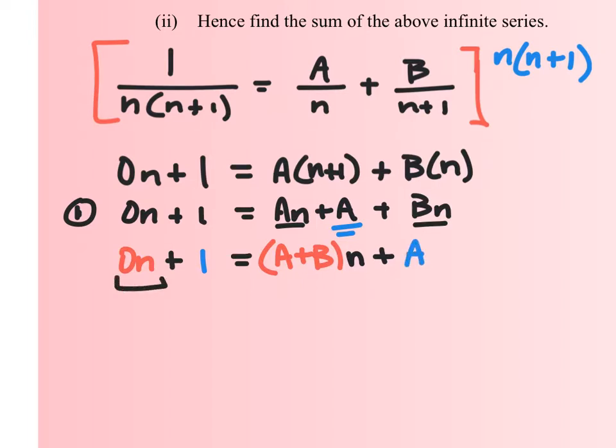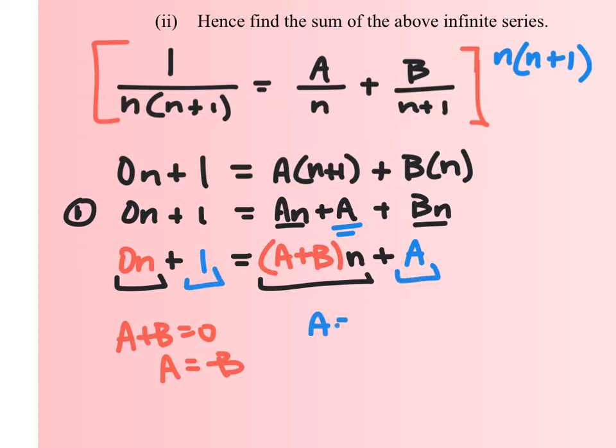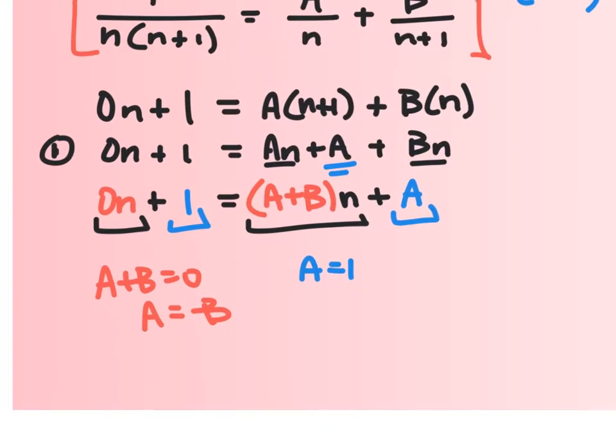And this a is all alone. So now I can lock these in and set them equal. A plus b then equals 0. That means a equals negative b. Okay, and what does a equal? A equals 1. Therefore, if a equals 1, then b equals negative 1.